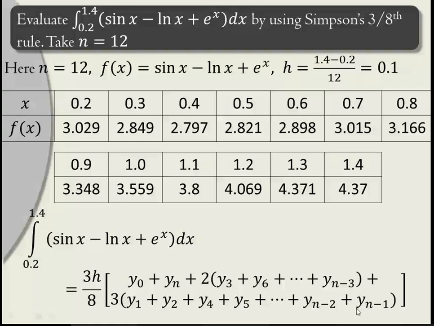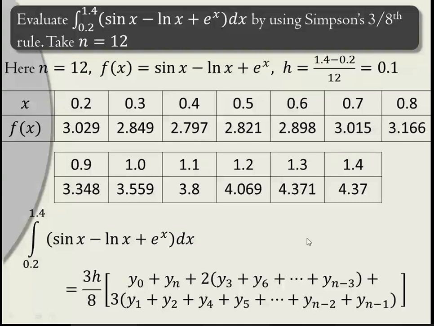Then we have to take y0, y1, y2, y3, then y6, then y9. Y12 is already considered. So 2 times we get 3 terms, y3, y6, y9, and plus 3 times y1, y2, y4, y5, y7, y8, then y10, y11. All those terms we will get.